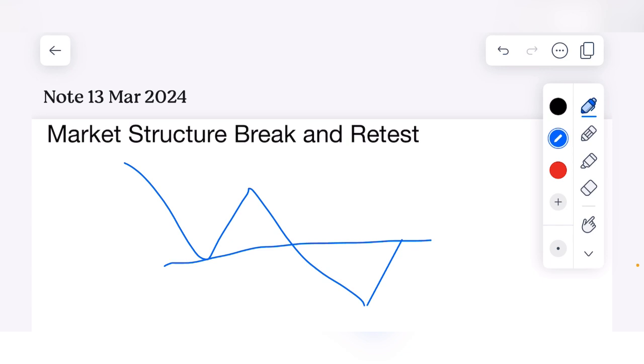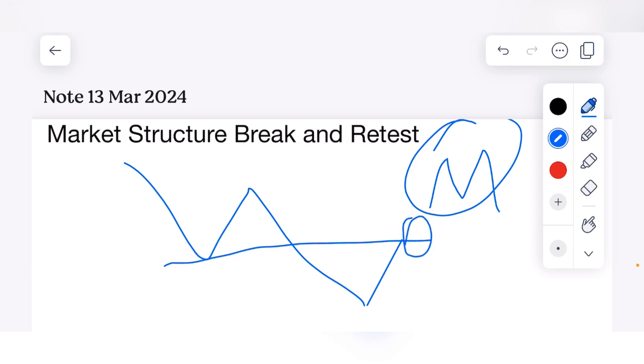and a confirmation for a downtrend is the double top. It's just the opposite of the double bottom. This is what you must look for before you take a sell trade here.